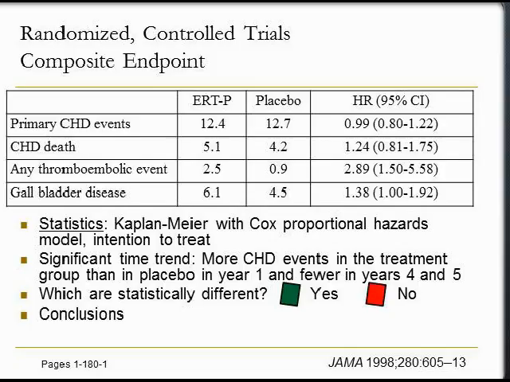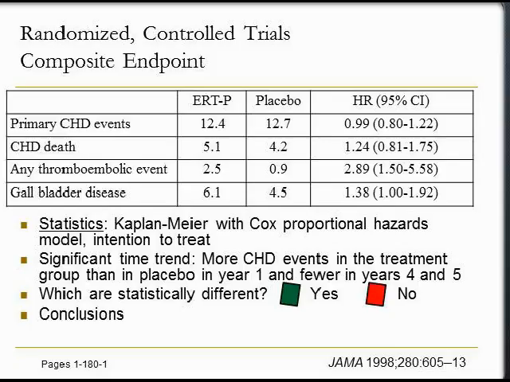Lastly, the result from this trial that was the most talked about, or one of them that was talked about, was the fact that there was a threefold increase in any thromboembolic event in the estrogen replacement therapy group as compared to placebo. The hazard ratio is 3, and you can see that the confidence interval does not include 1, so this would be a statistically significant finding.